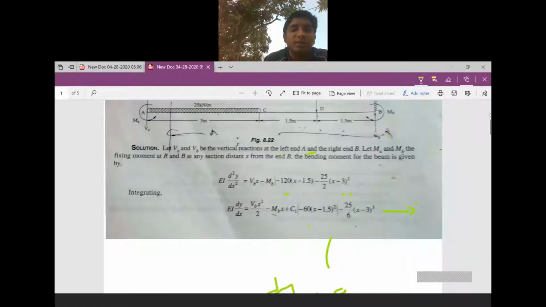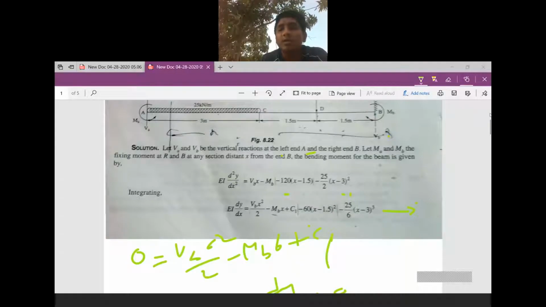0 equal to Vb into 6 square by 2 minus Mb into 6 plus c1. c1 is already 0, you will substitute it, minus 60 into 6 minus 1.5 minus 25 by 6 into 6 minus 3 whole square.